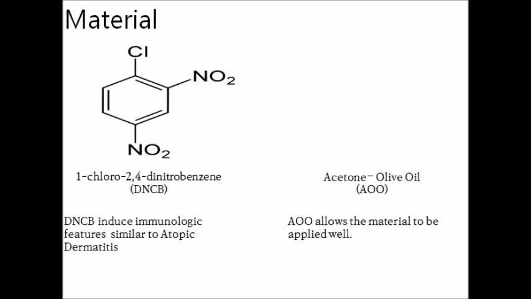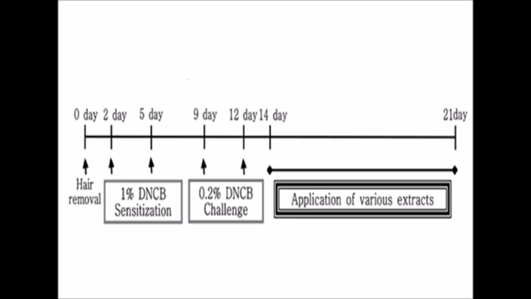To do the experiment, we use DNCB, 1-chloro-2,4-dinitrobenzene, to induce acute atopic dermatitis, and AOO, called acetone olive oil, to allow the material to be applied well. This is my test plan.